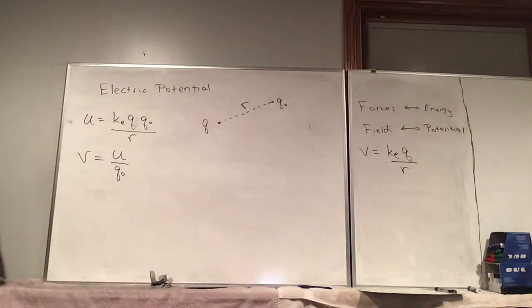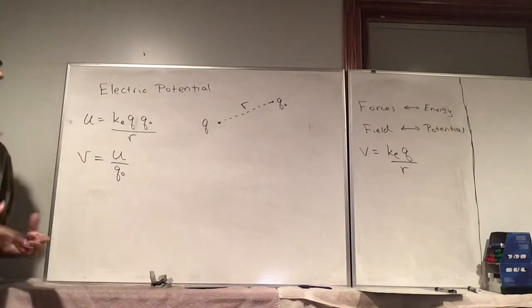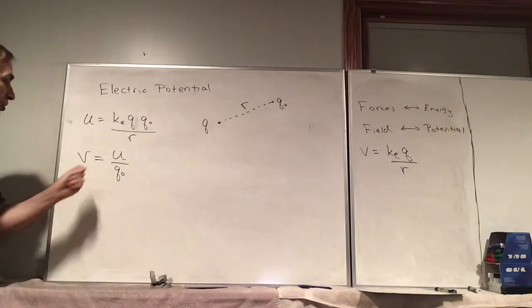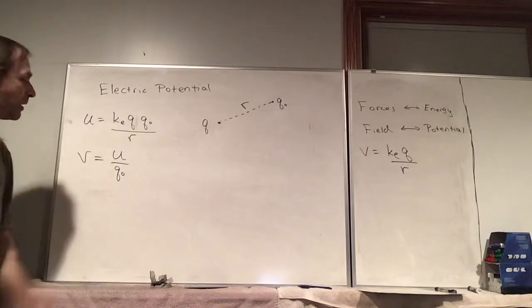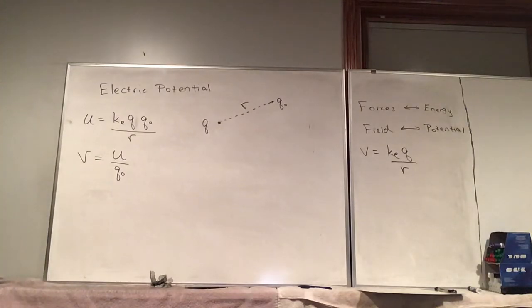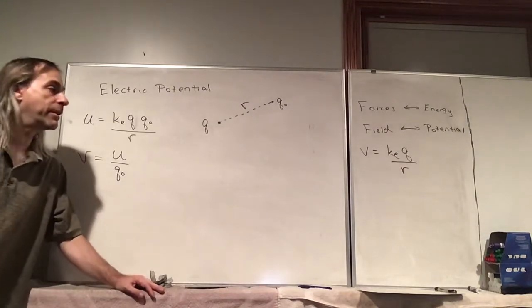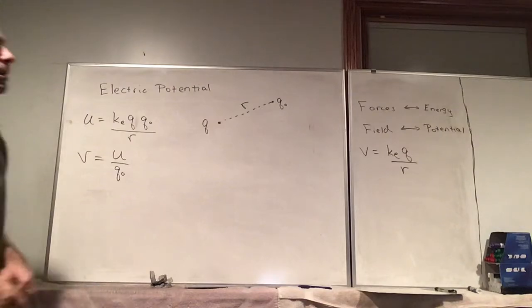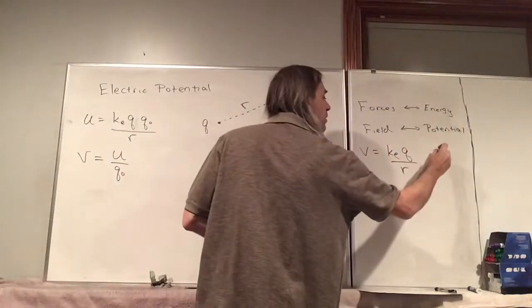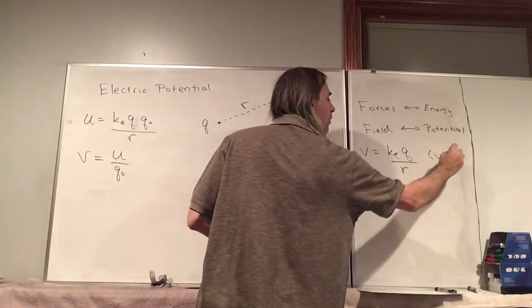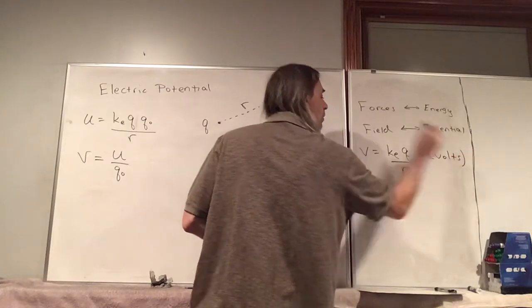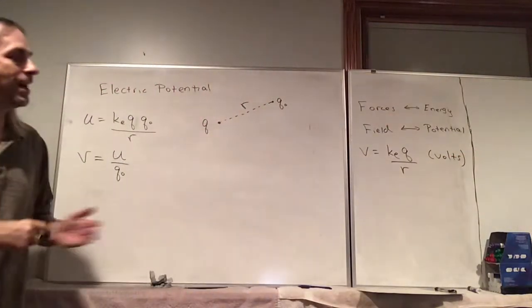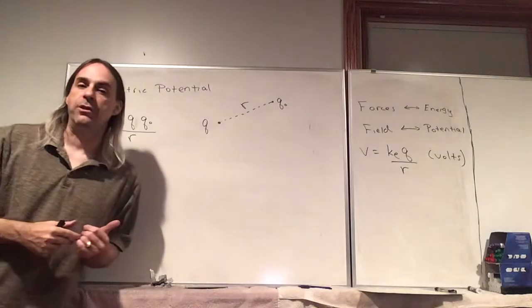we use V for potential, and we say it's KE Q over R. That just follows directly from how we define potential. We use the letter V for this because the units for potential are volts. The terms are very confusing.